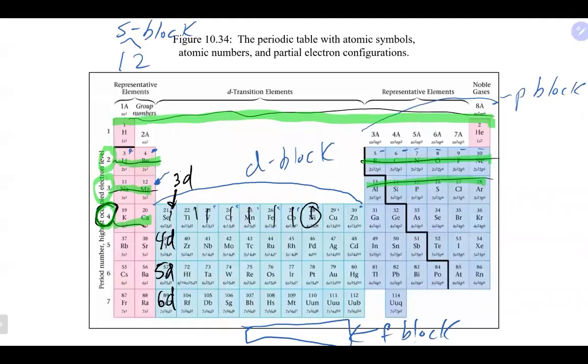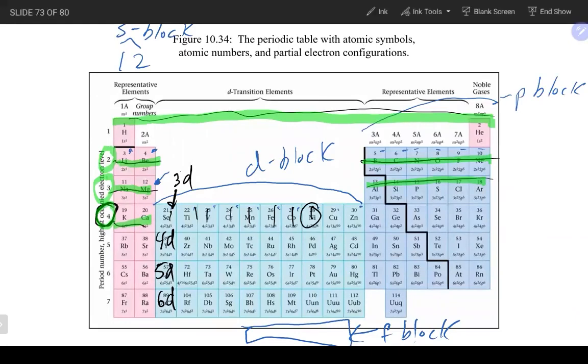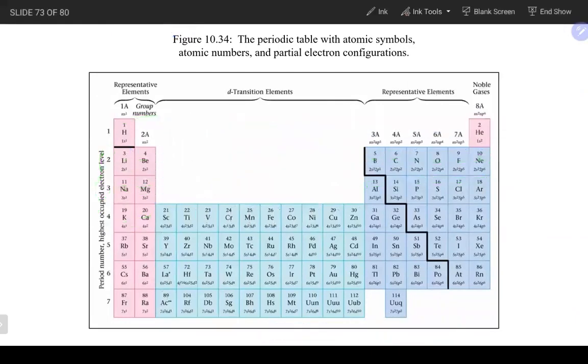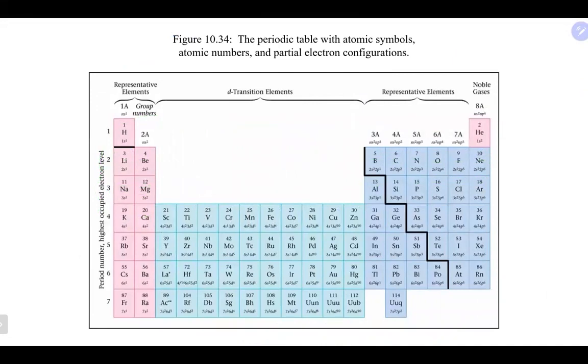So all transition metals are here, right? These are all the transition metals. When they lose electrons, these guys here will lose these guys first, and these guys here will lose these guys first, and so forth all the way down. So they'll always lose those s electrons first, and then dig into the d if necessary.